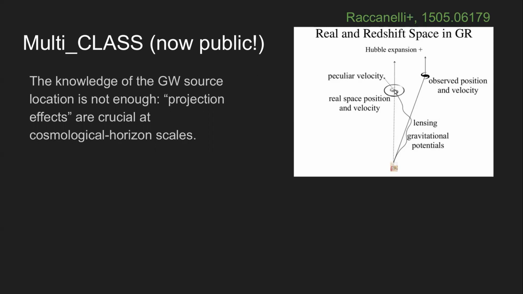These galaxies have peculiar velocities with respect to the traditional Hubble expansion. And photons, or gravitational waves for that matter, travel along curved geodesics because of intervening lensing effects by other large-scale structure. And of course, everything happens in a context where you have gravitational potentials at large scales that also influence the propagation of your signal. And you really have to account for all these effects.